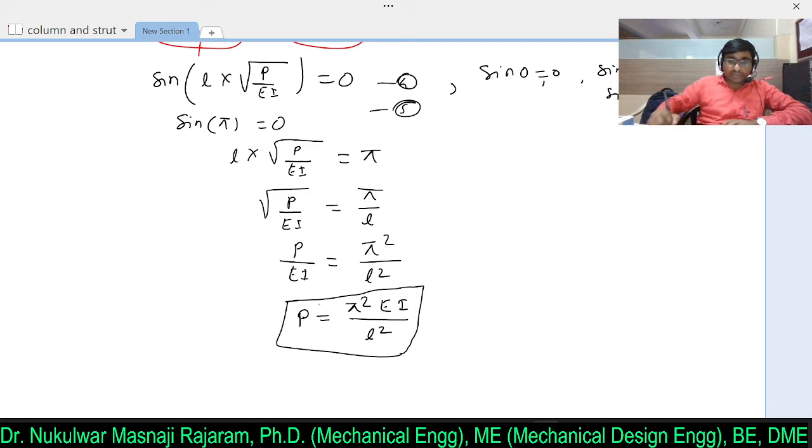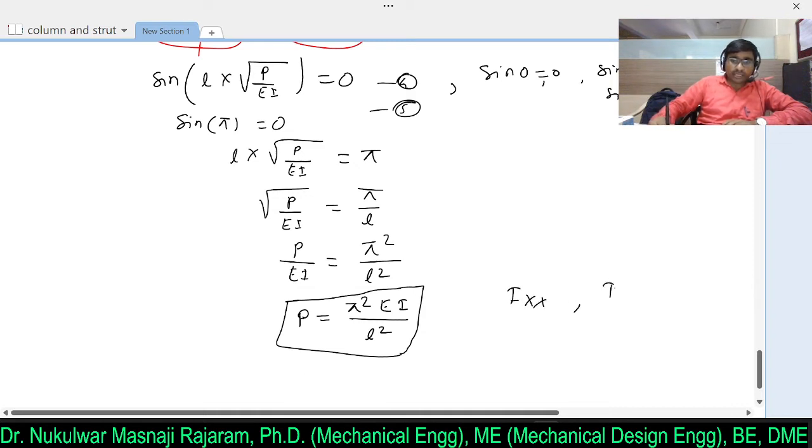Now in this expression, if you observe, there is an I, the moment of inertia. So you might have evaluated Ixx and Iyy. Clear? Now what do we need to take? We need to take the least value of Ixx or Iyy. Simple. The smallest value of Ixx and Iyy.